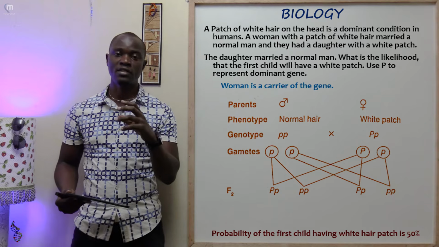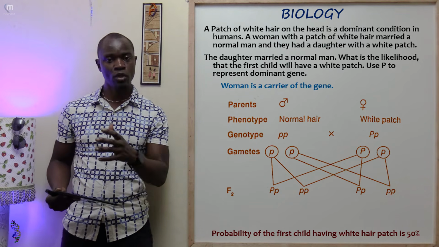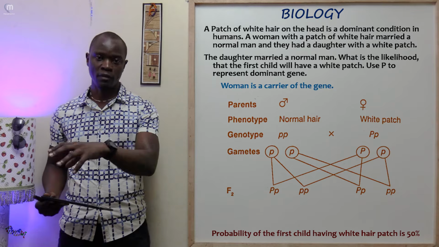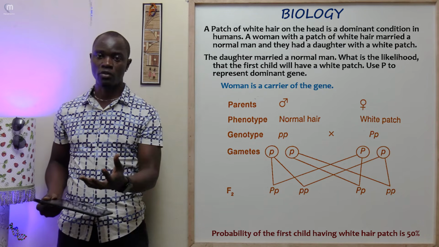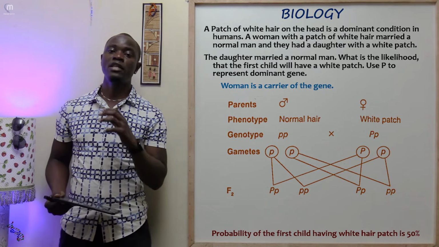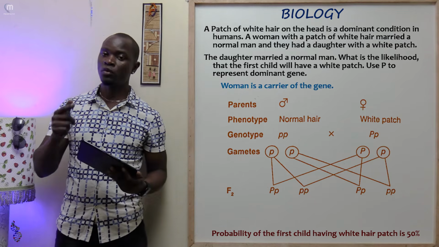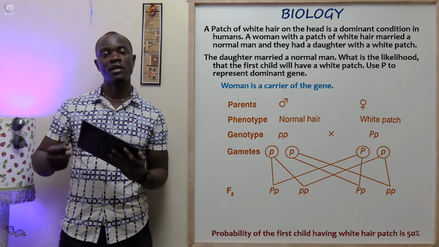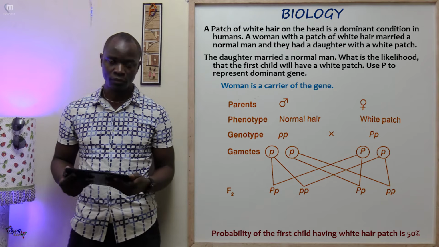So you can see the genotype of the woman is represented as heterozygous, capital P and small p. For the male, you have been told that the male is normal. So the gene for being normal is small p, small p. According to this family, being normal is recessive and having a white patch is the dominant condition.